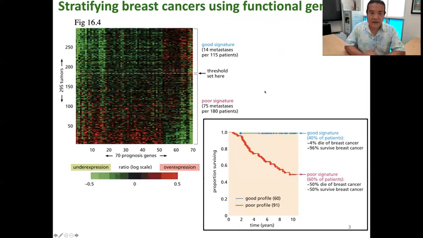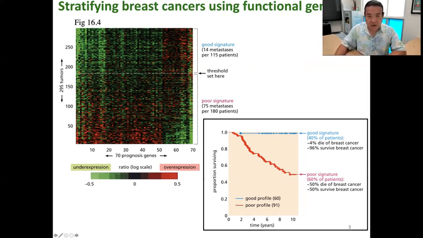So one way that we are able to now use the power of computers to help us look for targets has to do, again, with these types of microarray, really high throughput analyses. We've seen something like this before, where different columns and different rows mean different things.